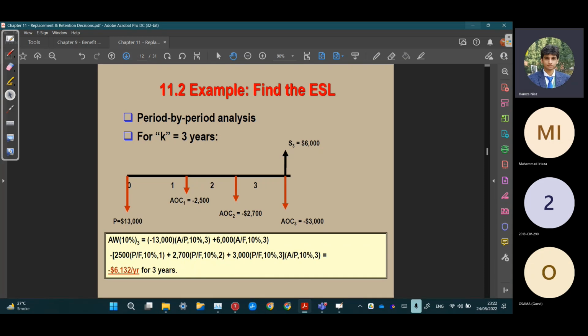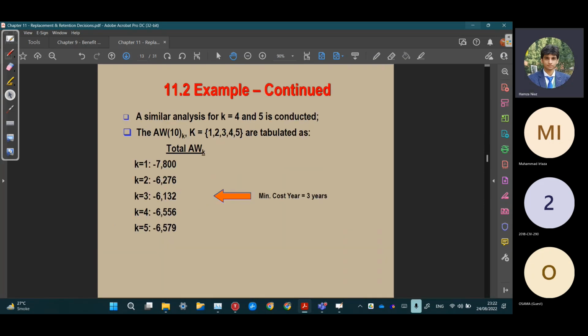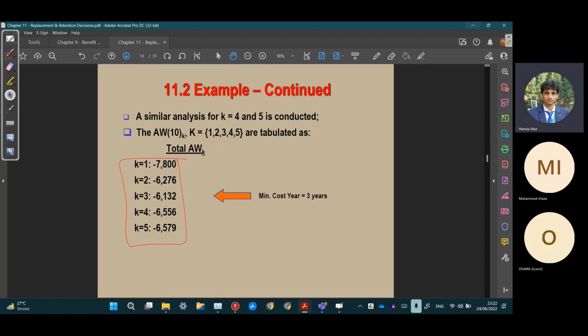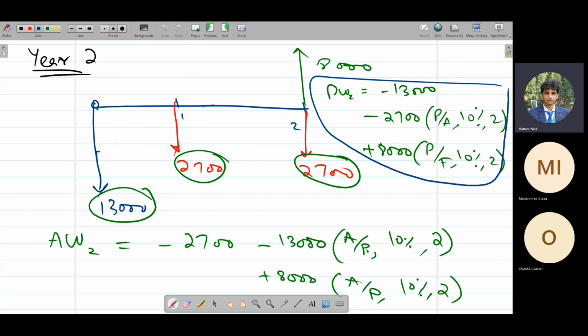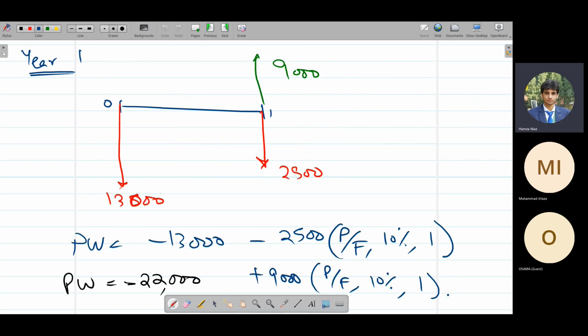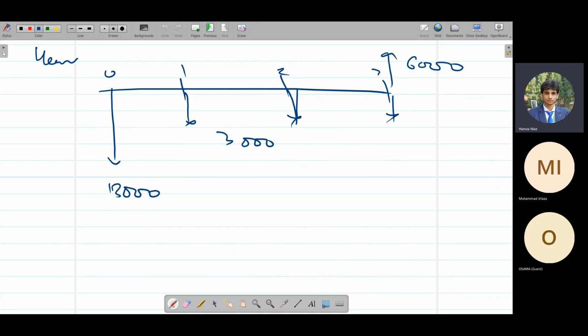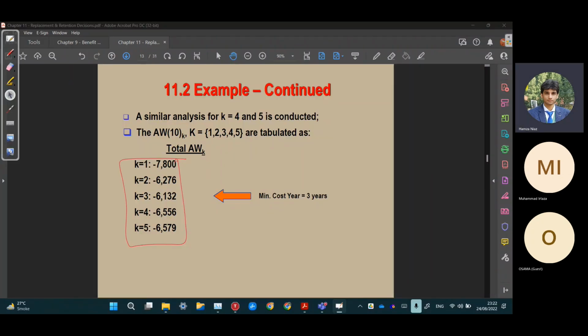We can find the annual worth or present worth for each year. This will be something like this. Is this fine up till now? Okay, so we only need to find the present worth or annual worth for all the 5 cases, and whichever would be the minimum one, we are going to select that.